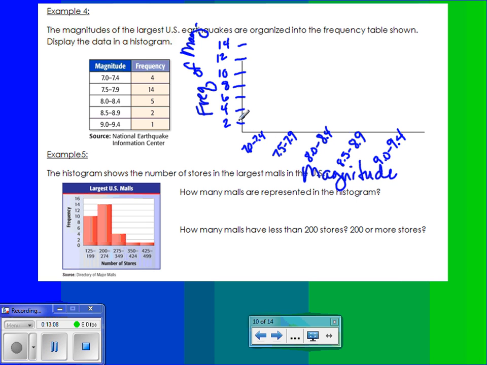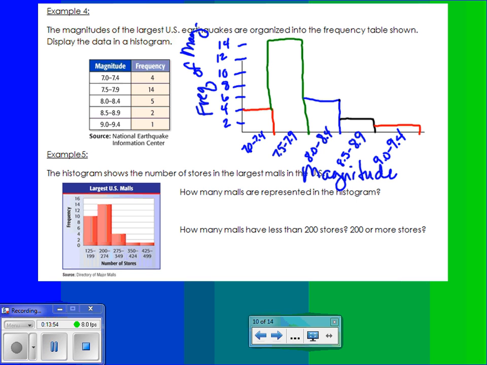Your bars have to touch. Okay, you should end up with a histogram similar to the one that's up here.